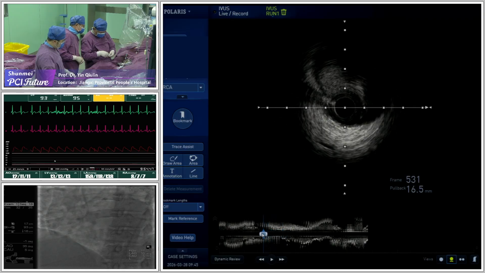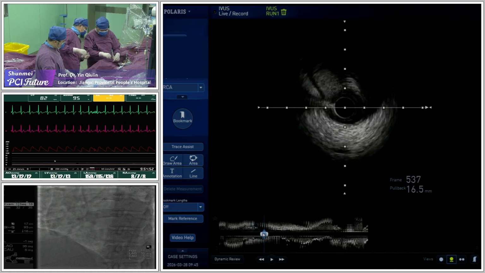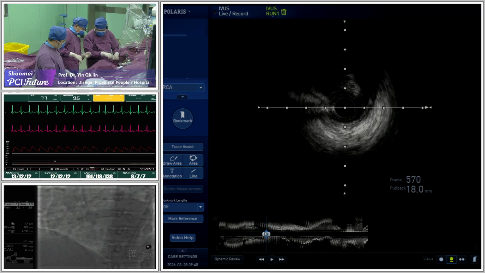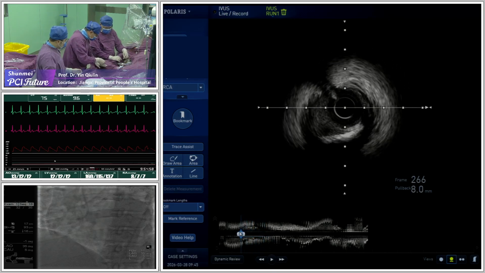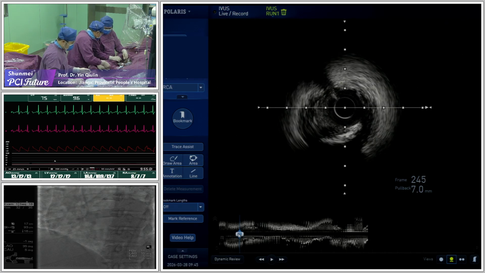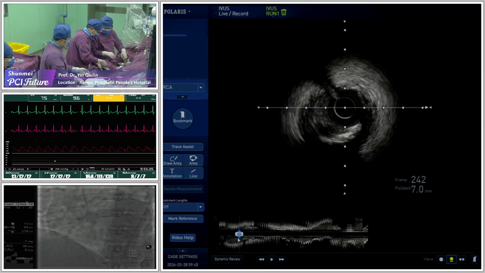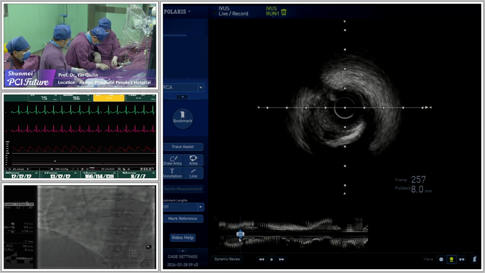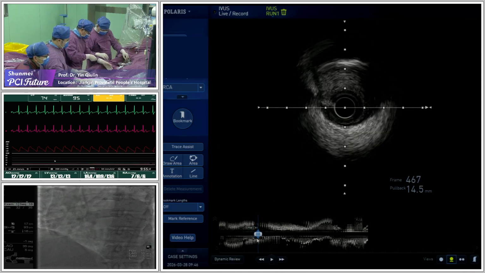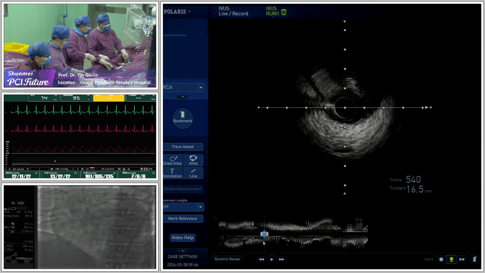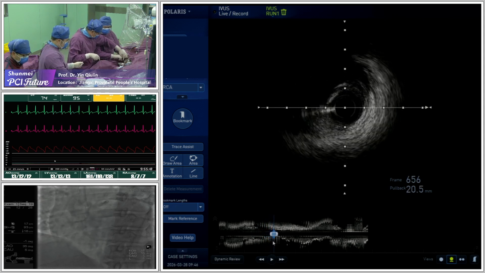Agree. The AGT strategy is more effective, but in this case, I just want to try the retrograde wire. If the retrograde wire fails to enter the proximal true lumen, maybe I will insert Godzilla to the CTO body for the retrograde wire.